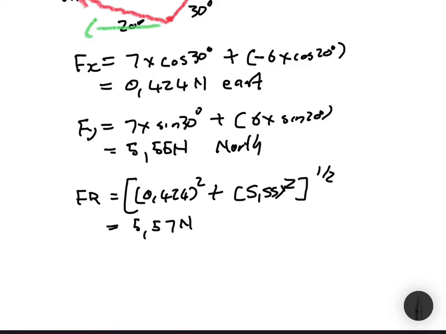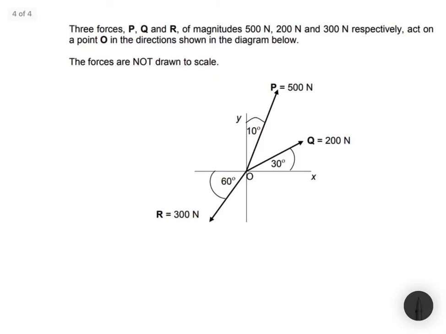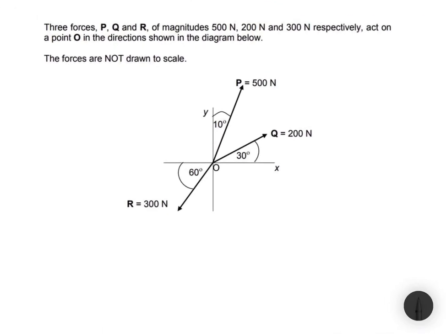And then now, the last question, the exam question, what we're excited about. We have 3 forces P, Q, and R of magnitudes 500, 200, and 300 newtons, respectively, acting on a point O in the directions shown in the diagram. The forces are not drawn to scale, but we don't care because we'll solve algebraically, right?